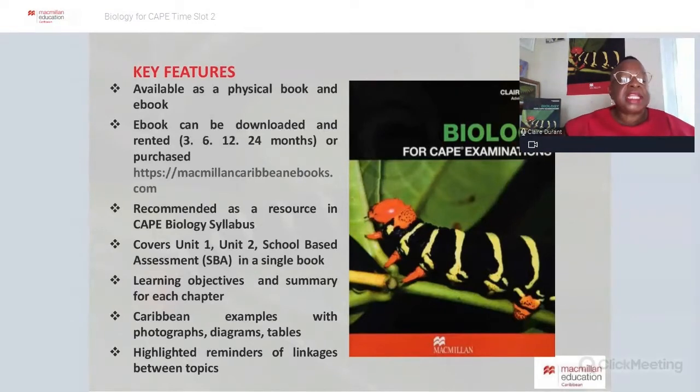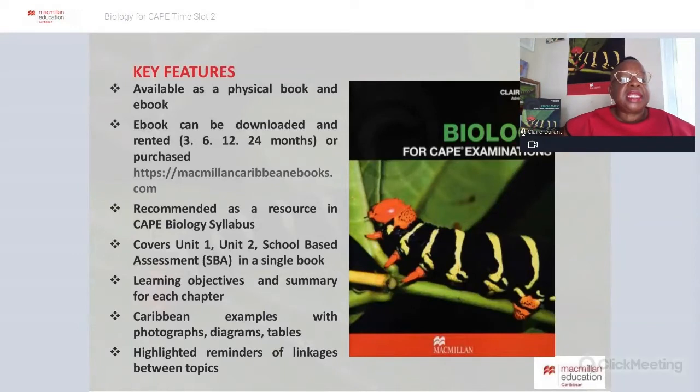We know that these are difficult economic times, but we still have to continue with our studying. So, by renting the textbook for a short period of time, that might be more economical for some. And that way, you would be able to still cover your work and be able to get all of the benefits of the wonderful information involved in the text.